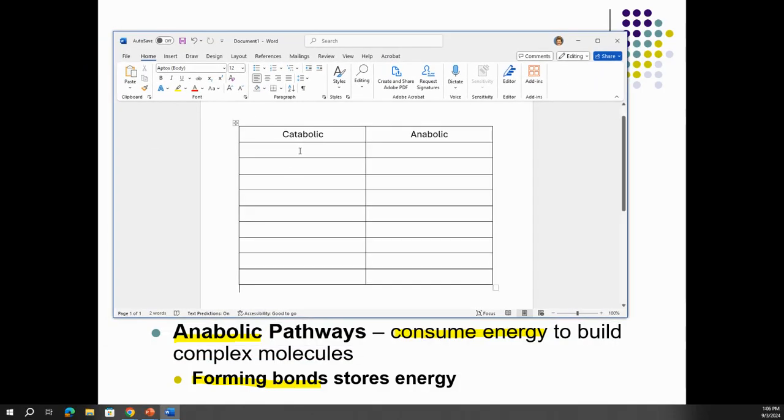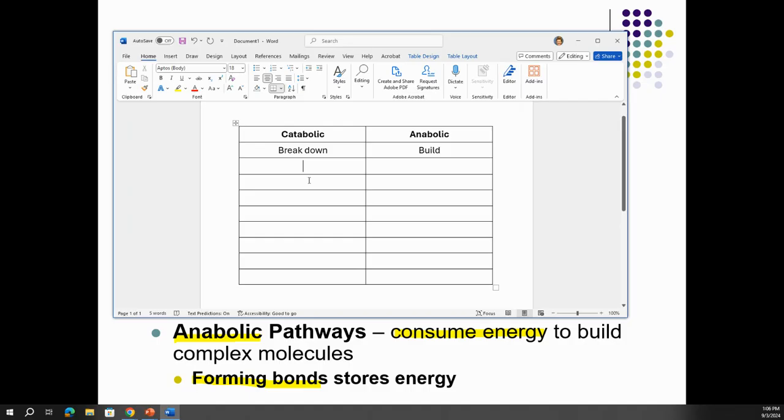All right, so the first thing I want you to put is that catabolic reactions break down, whereas anabolic reactions build.